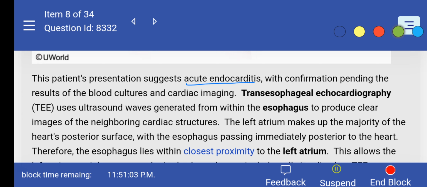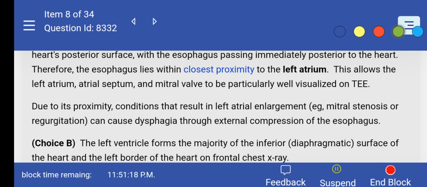Therefore, the esophagus lies in close proximity to the left atrium. This allows the left atrium, atrial septum, and mitral valve to be particularly well visualized on TEE. Due to its proximity, conditions that result in left atrial enlargement, such as mitral stenosis or regurgitation, can cause dysphagia through external compression of the esophagus.